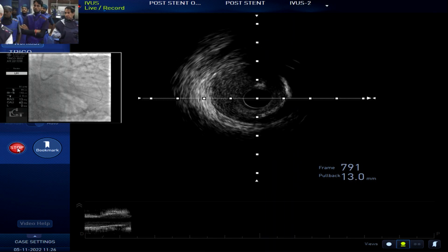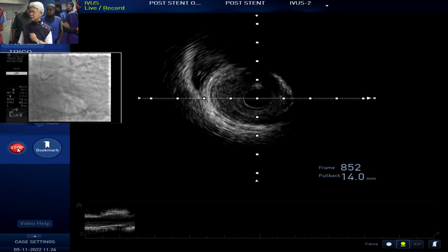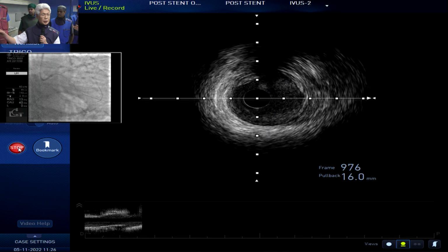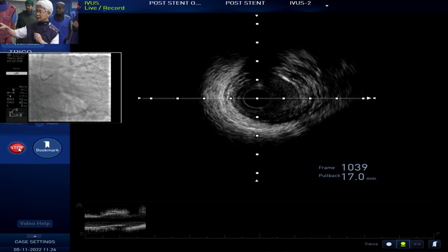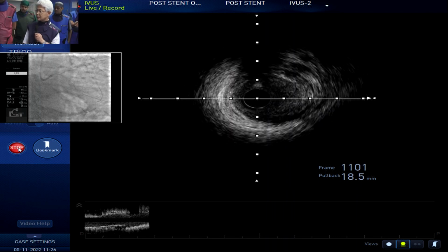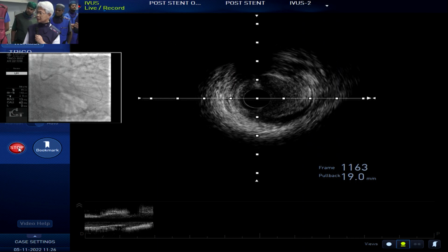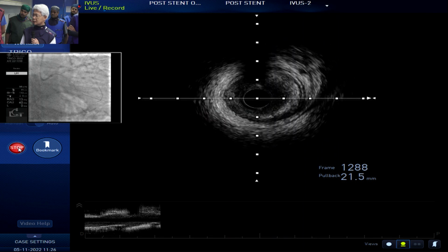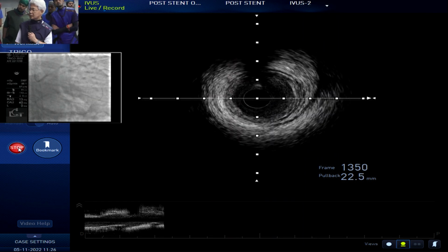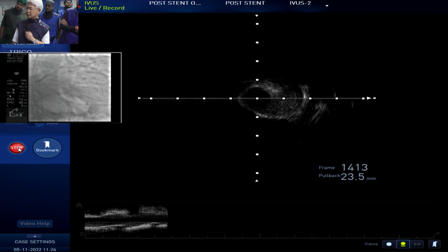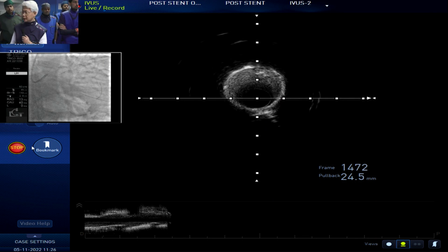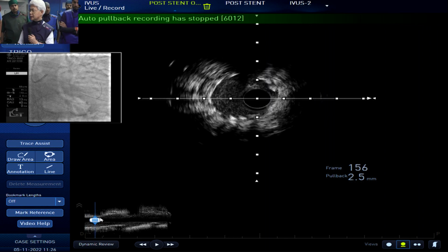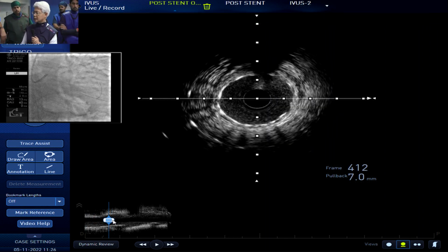No problem. I try to check the bifurcation right here. Looks okay. Doesn't look too bad at all. So no problem by IVUS.